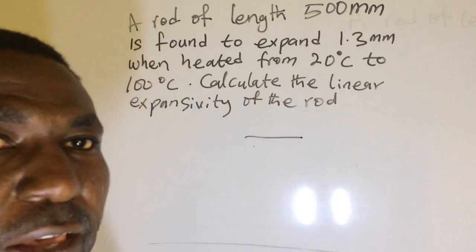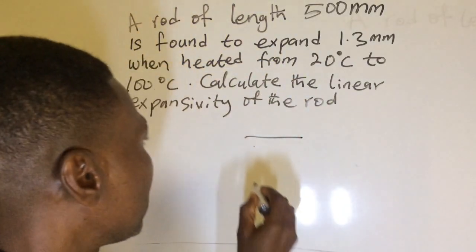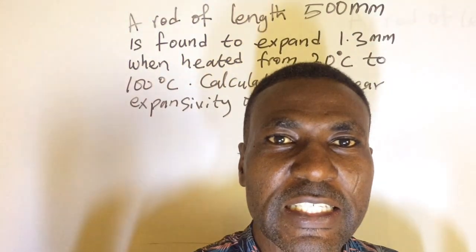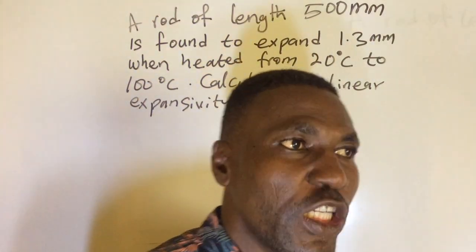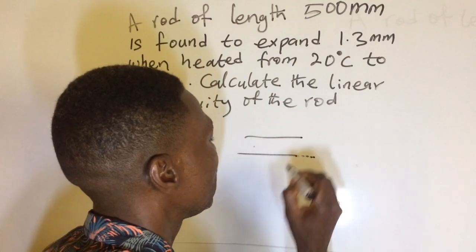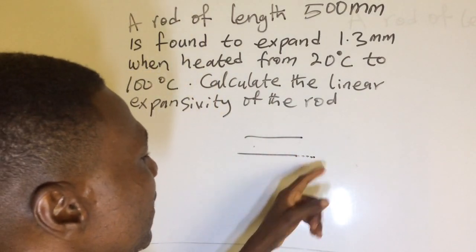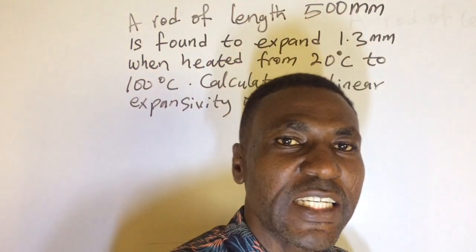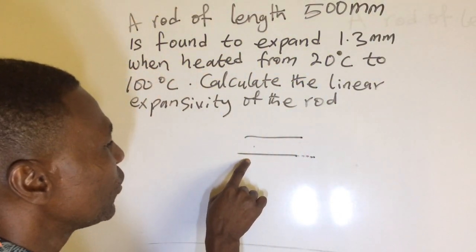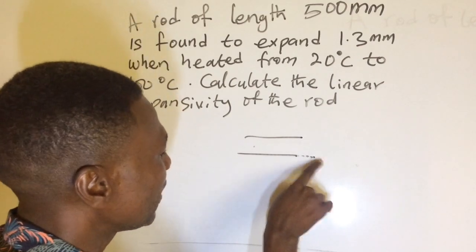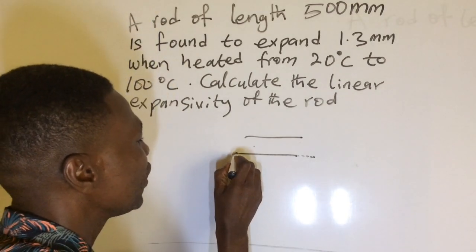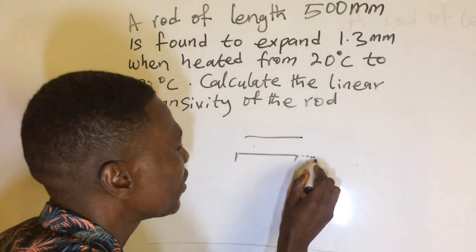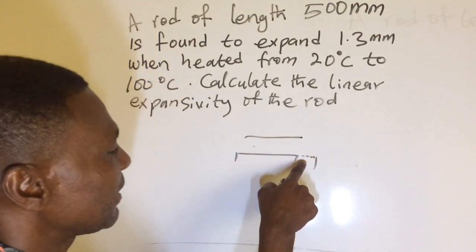Take for instance, if a rod is in this length and you start heating it and the length changes to this, it has increased up to this extent, then the linear expansivity is the ability of this material to increase from here to here. That is the original length. The original length initially is from here to here. But now when you start heating it, it expands to this length.